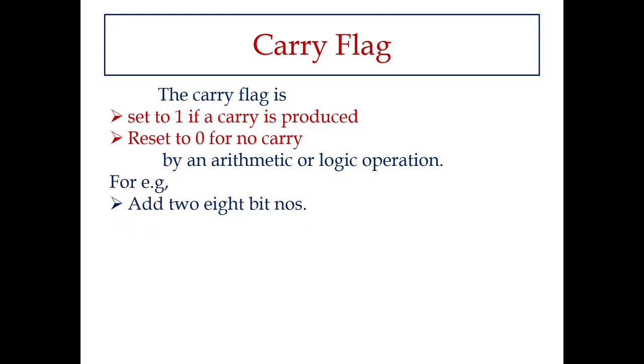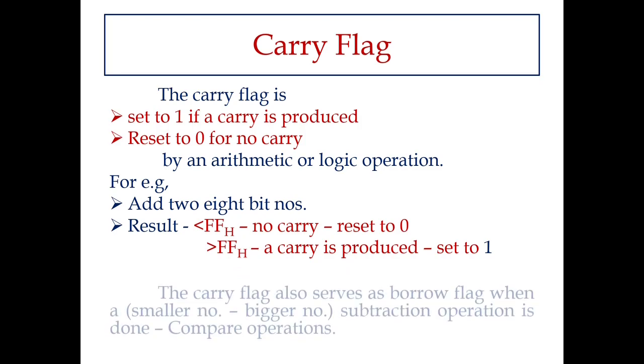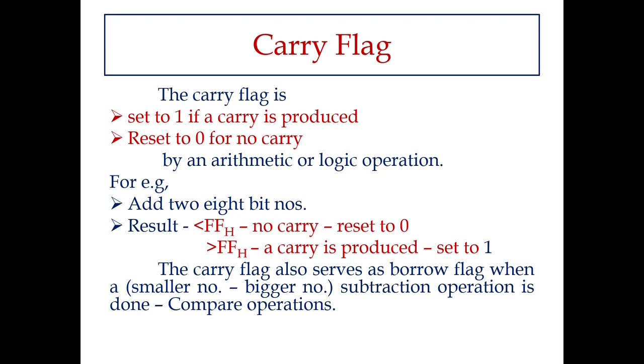For example, let us add two 8-bit numbers. If the result obtained is less than FF, that means no carry is obtained, and the carry flag is reset to 0. If the result is greater than FF, then a carry will be obtained and the carry flag is set to 1.